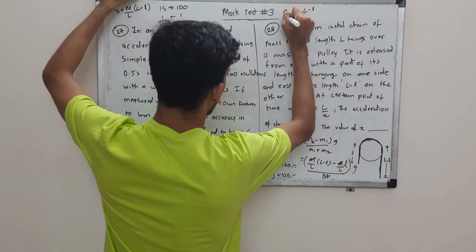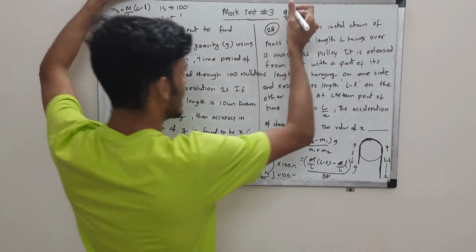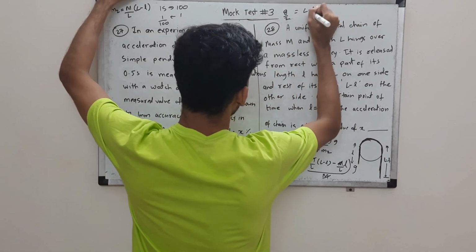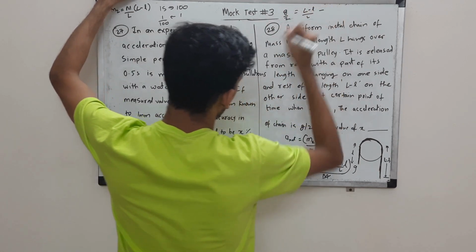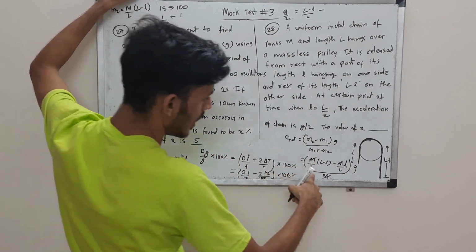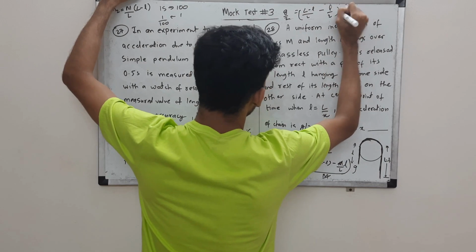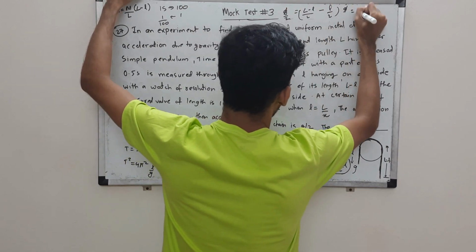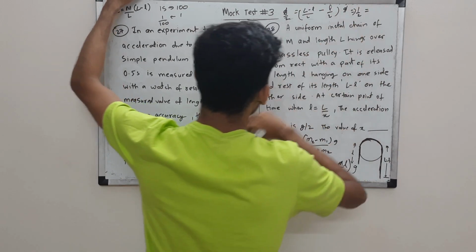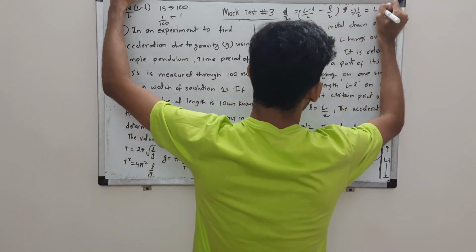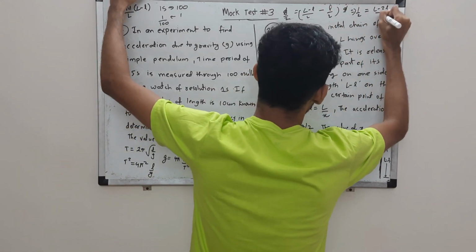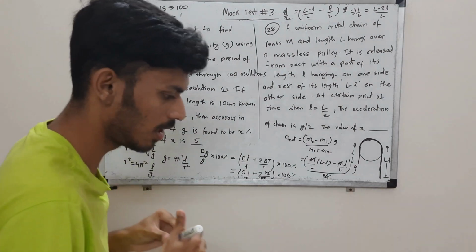We want to find the length when the acceleration becomes g by 2, so we'll substitute that as well. So here we will have L minus 2l by L, and that into g. g and g can get cancelled. So we will have half is equal to L minus 2l divided by L. Let's solve it further.